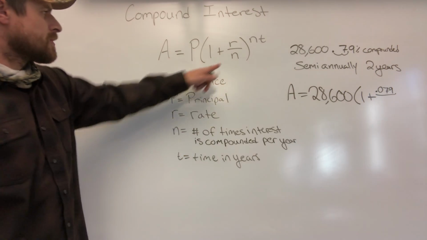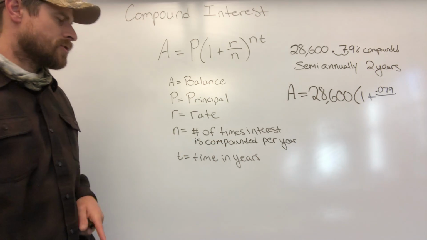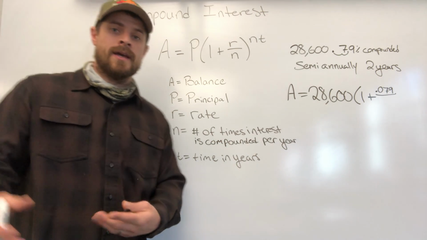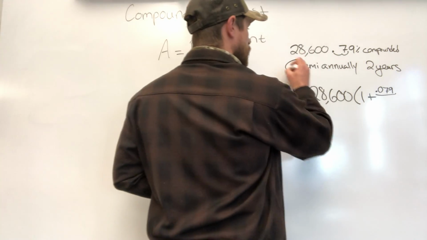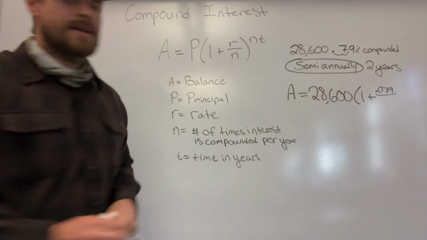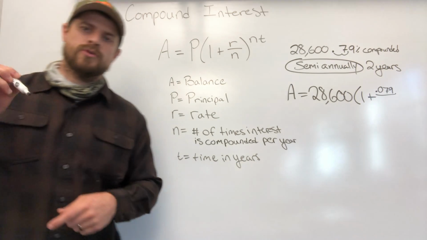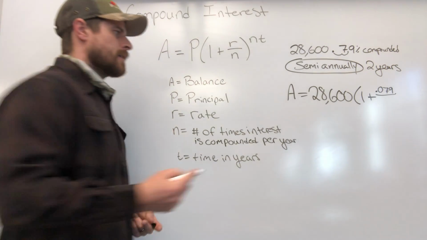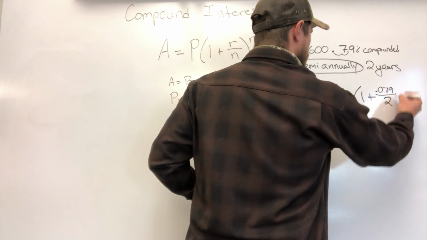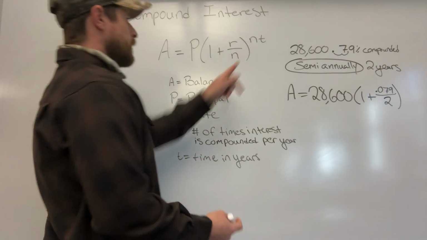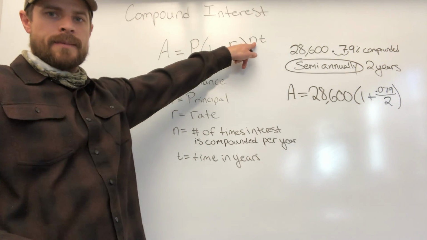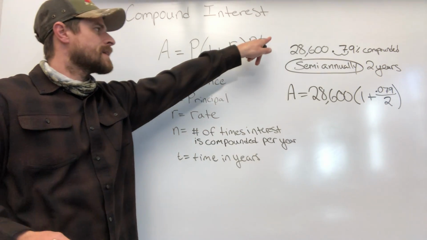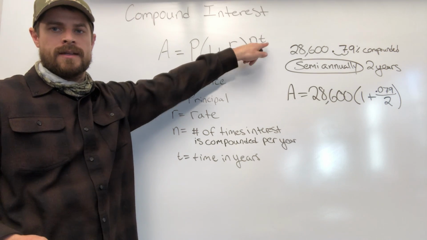Remember that N is representing the number of times interest is compounded annually. Well, that all comes from this word right here. It's compounded semi-annually, meaning we're going to recompound the interest twice a year. So we're going to say 2 times a year, and we're going to put that to the power of N, the number of times it compounds per year, times how many years we're going to leave it in the bank.